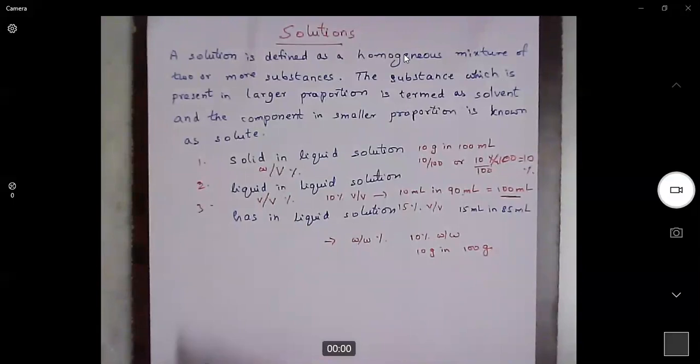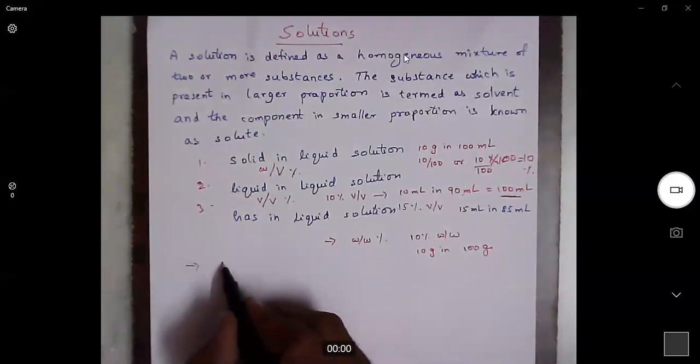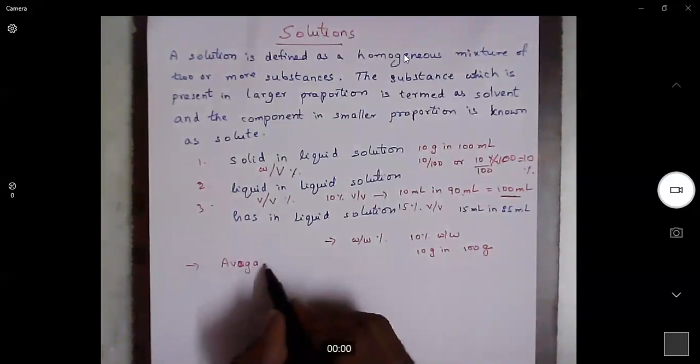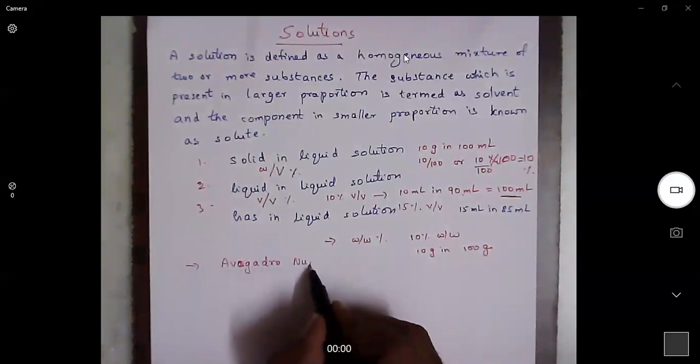Now, in order to discuss concentrations, first we need to define the Avogadro number. What is Avogadro number?